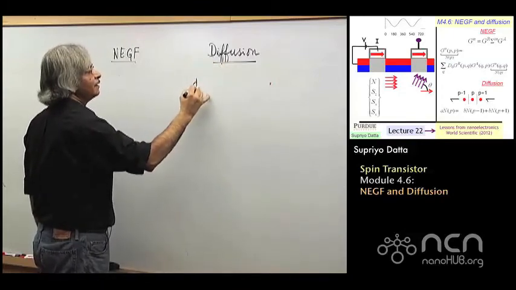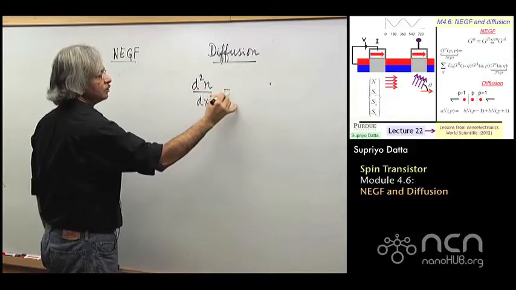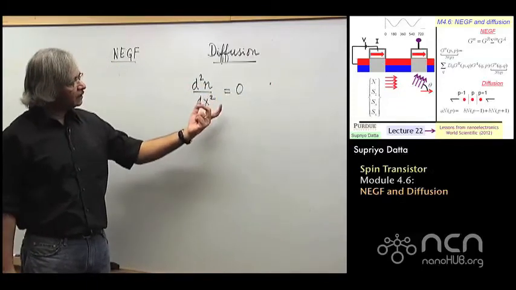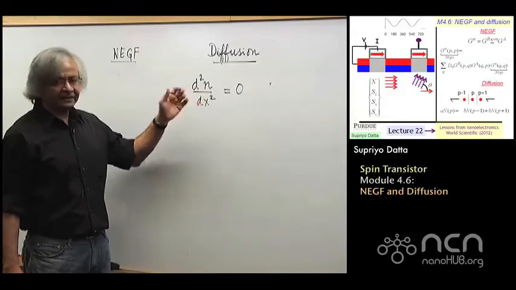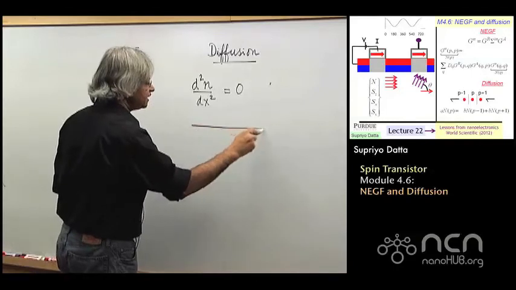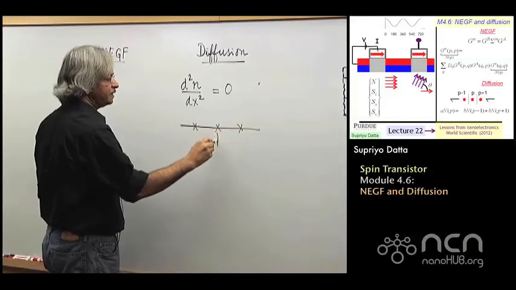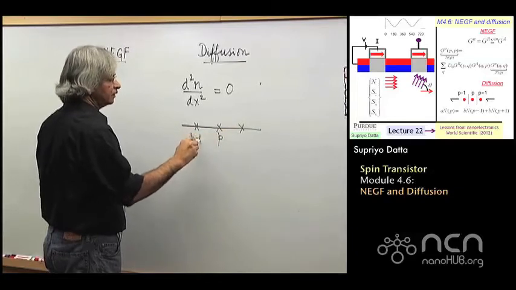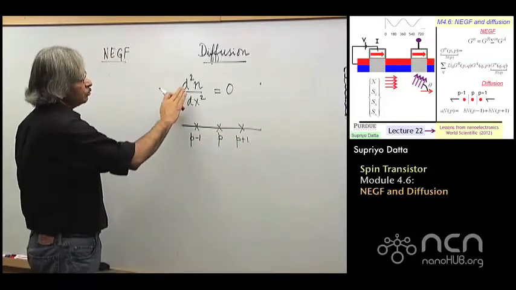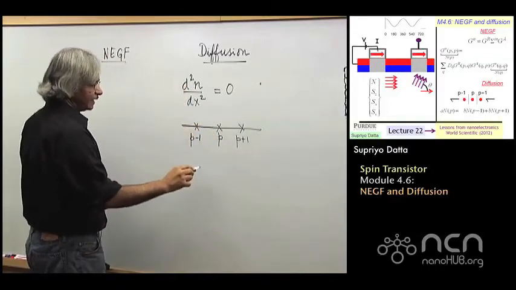If you remember, the equation looks something like d2n dx2 equals 0. And you could take that and, let's say, discretize it. So if you had a discrete lattice with points like this, where you have p, p minus 1, p plus 1, then d2n dx2 actually can be written as something like this.